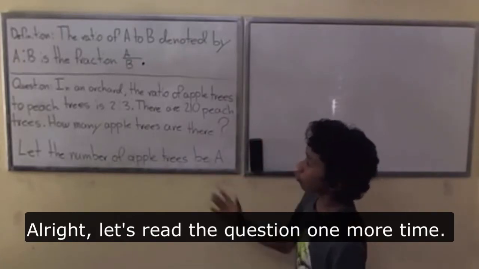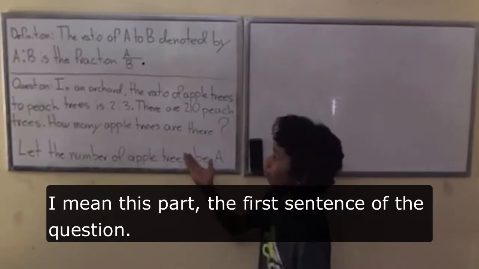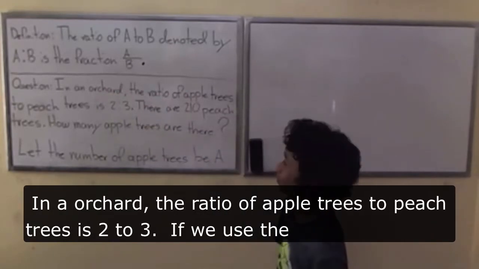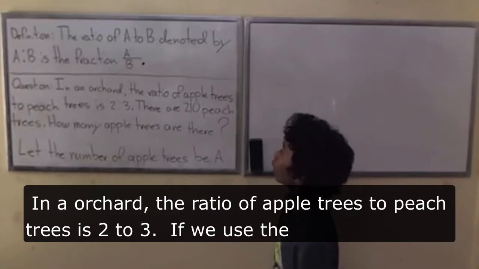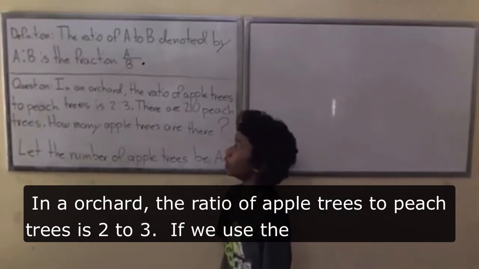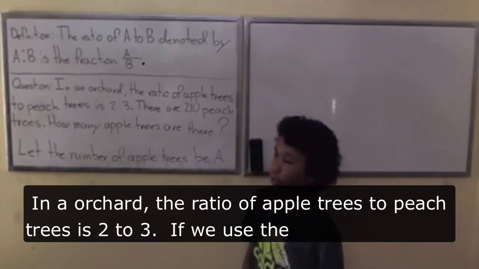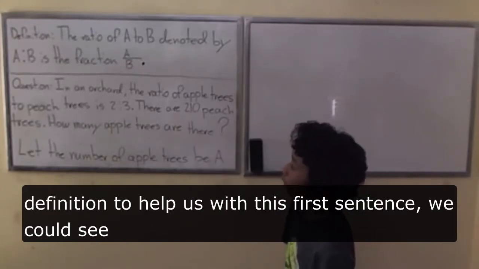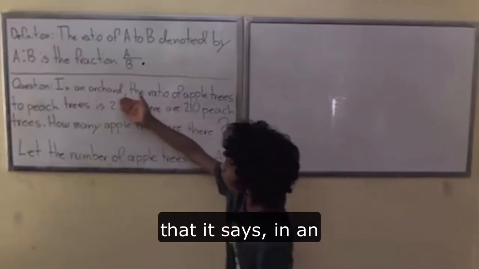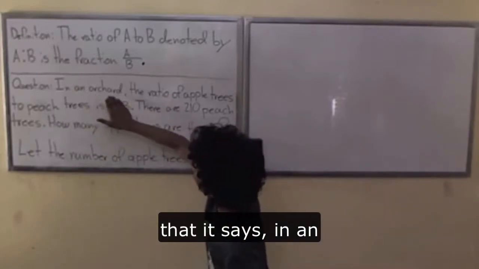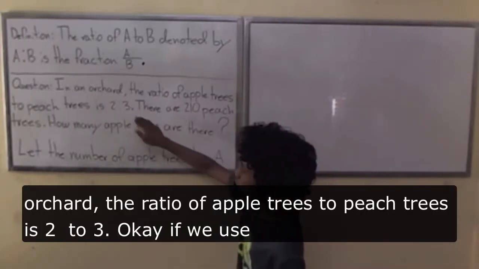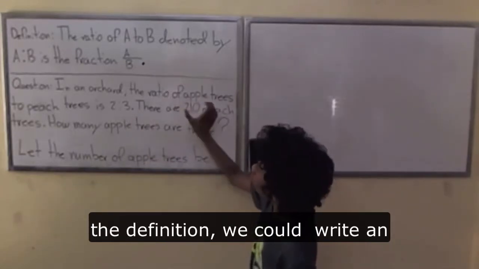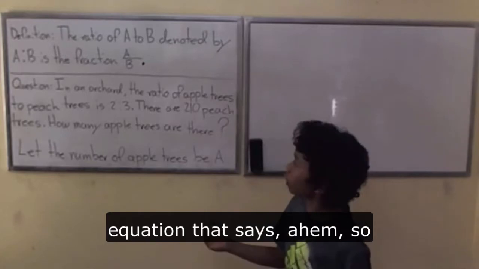Alright, so let's read the question one more time. I mean, this part, the first sentence of the question. In an orchard, the ratio of apple trees to peach trees is 2 to 3. If we use the definition, we could write an equation.